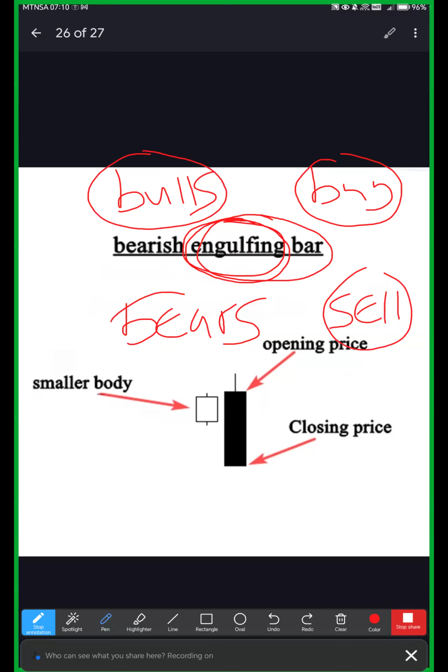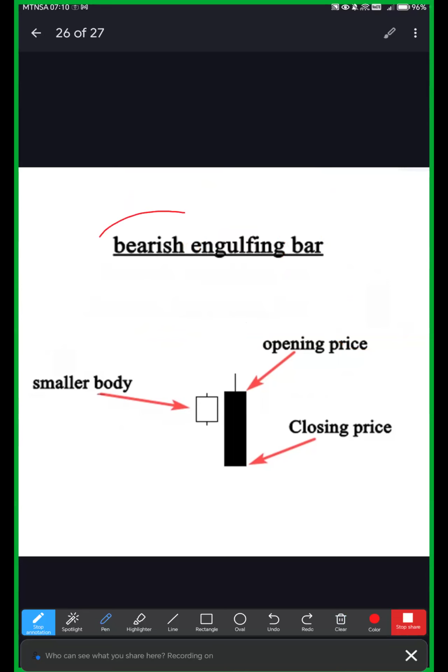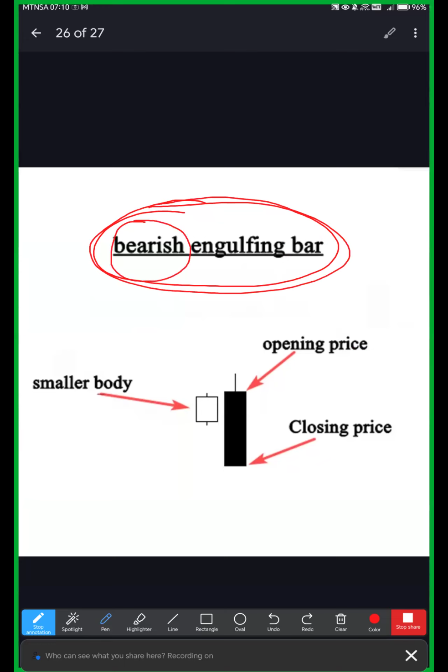That's why I'm saying this one that is on the screen right now is a bearish engulfing bar formation. Meaning, when you see this, it means sellers are in control. The market is going to become bearish. It's going to be blood. There will be selling activity.